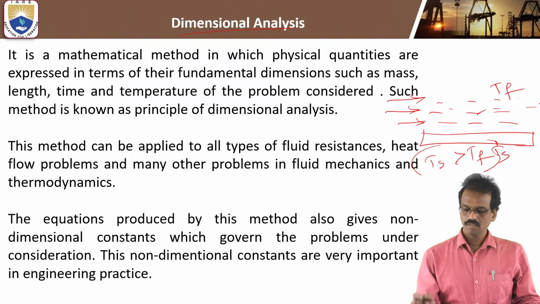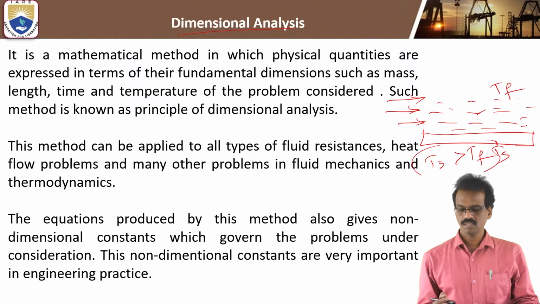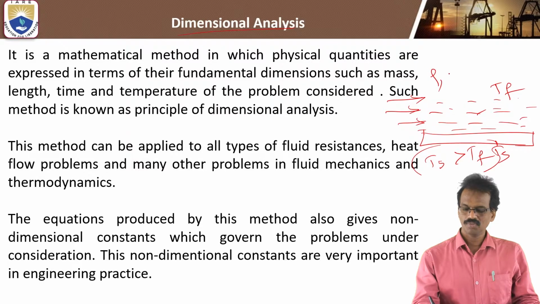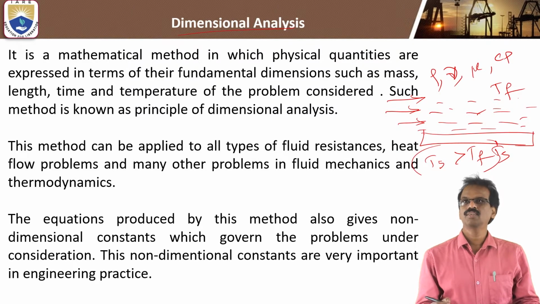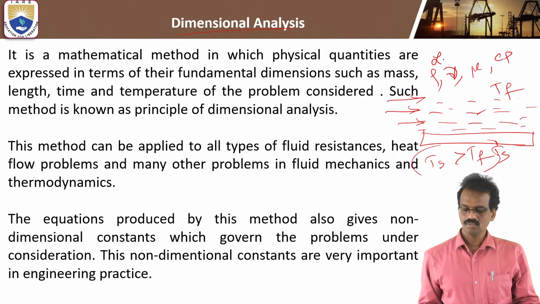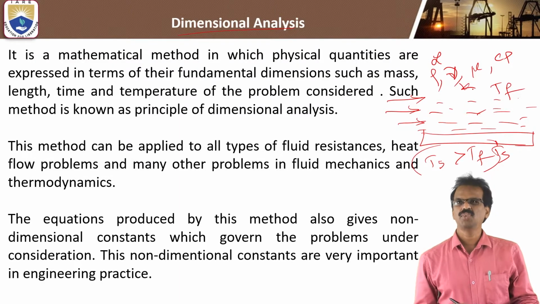In the bulk movement of particles, just like flowing of the fluid, there are so many parameters, just like density, viscosity, kinematic viscosity, dynamic viscosity, Cp value, and thermal diffusivity, and also the thermal conductivity of the fluid.